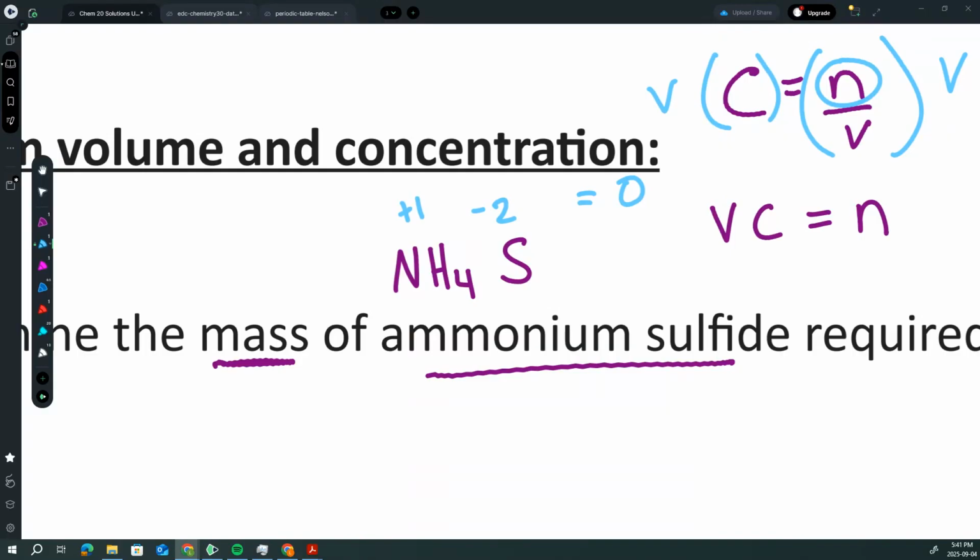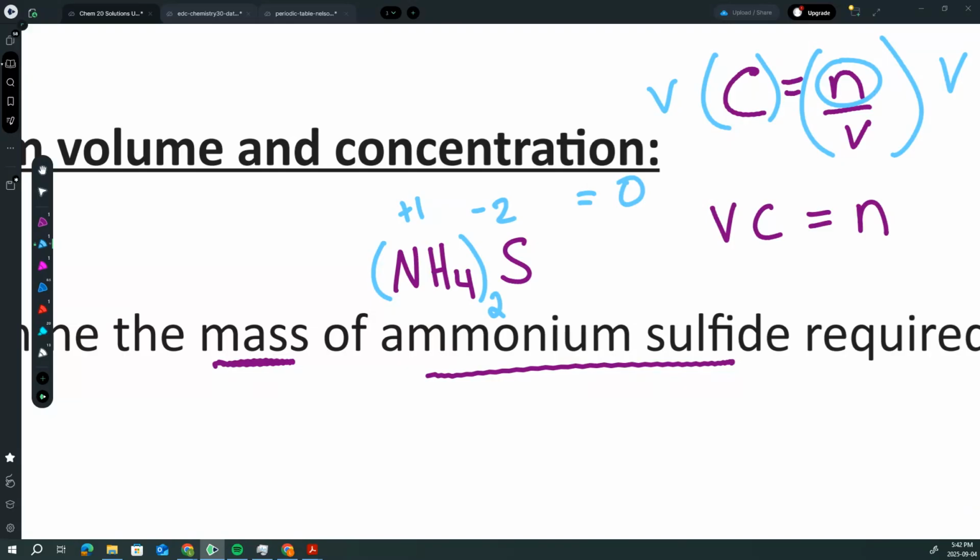So like I said, in order to balance this, we're going to bring down the numbers. So I'm going to write brackets around my polyatomic ion, and then 2 because it's coming from the 2 minus on sulfide. And then for the 1, we could write a 1 after the sulfide ion. However, if you don't write a number, it's automatically assumed that there's a little invisible 1 there.